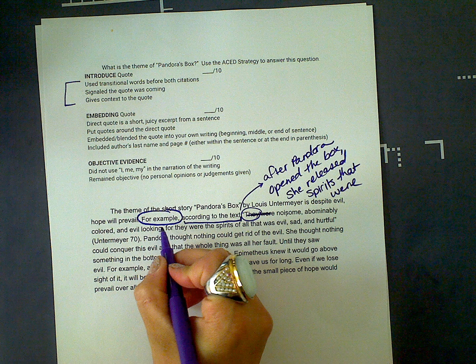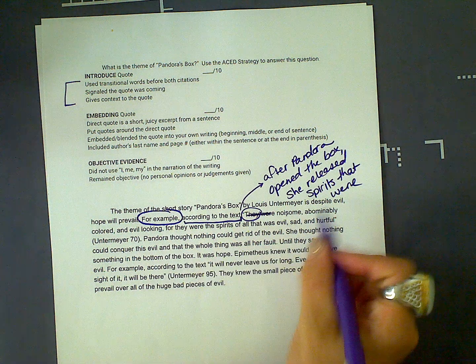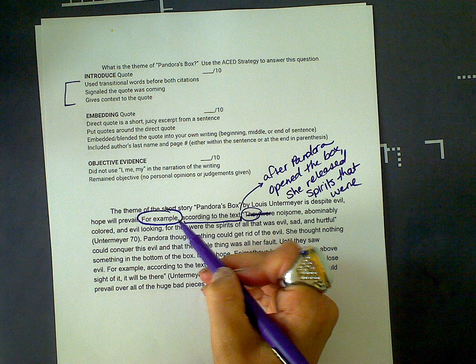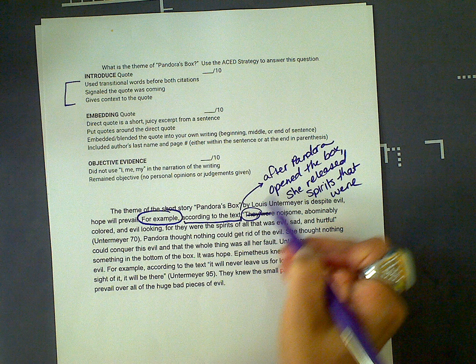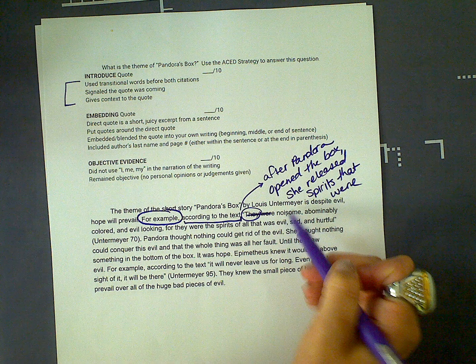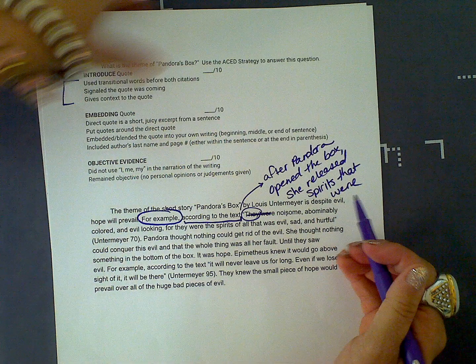And then I would probably end my quote there because I really don't need everything here. Okay, so now what I have is I have my transition, I signaled the quote is coming, and I've given context so that this quote isn't just thrown in the middle. Okay, let's look at another example.